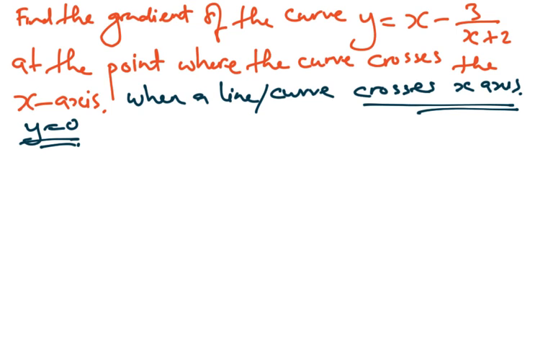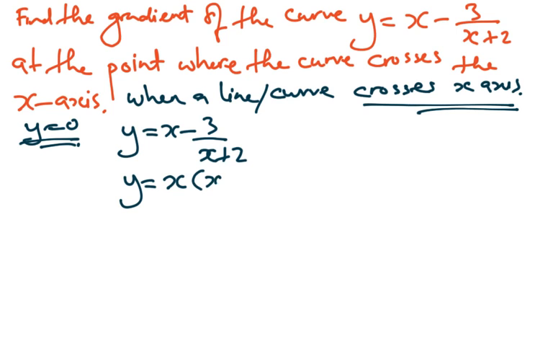So before I differentiate, I want to know where this curve cuts the x-axis. To make y 0, all you have to do is take y equals x minus 3 over x plus 2. So y equals x multiplied by x plus 2 minus 3 over x plus 2.